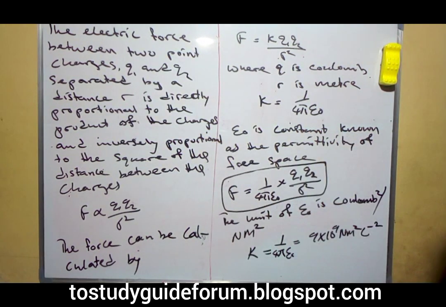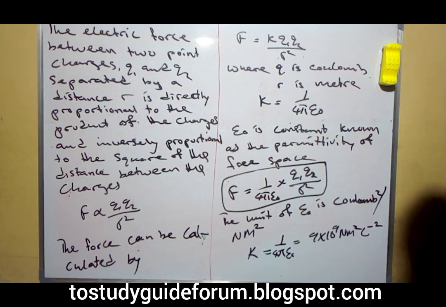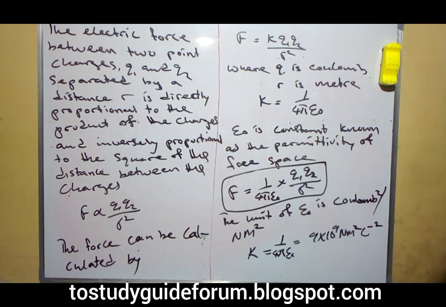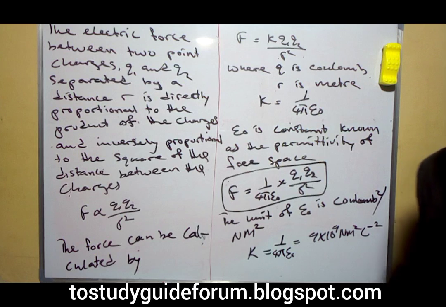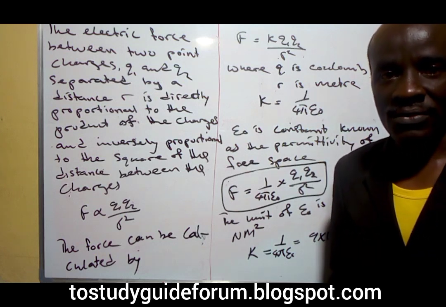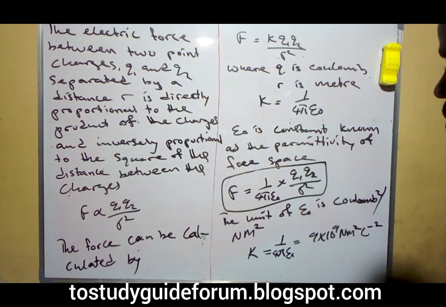When you do this, you will be able to calculate your force, and the unit of this is coulomb squared per newton per meter squared. So we are going to look at some questions regarding this so that we know how to apply the formula.